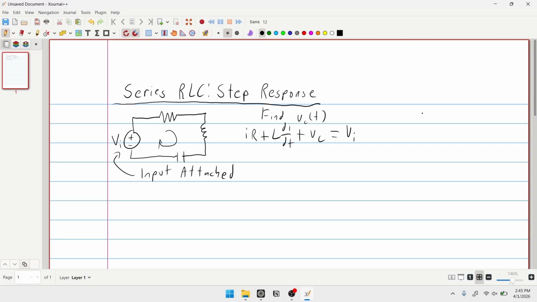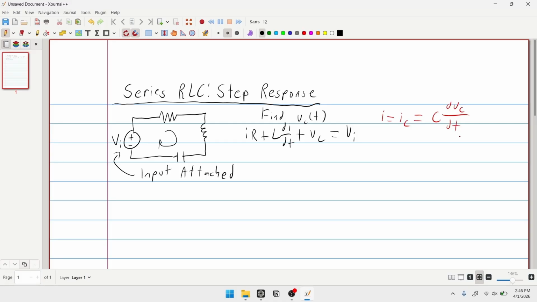So we know from our capacitor equation, first off, that all the components share the same current. So i is also equal to the current through the capacitor, which is C dV/dt.